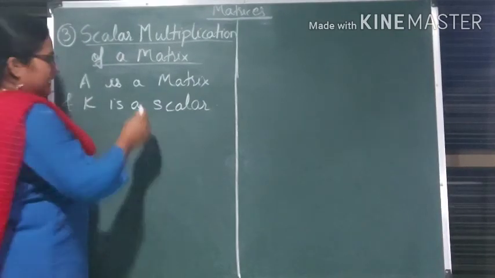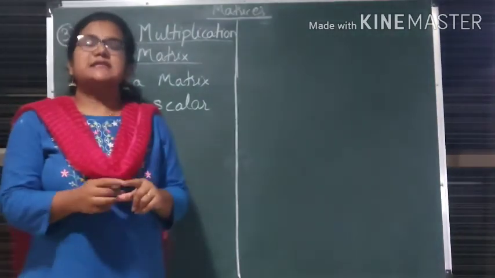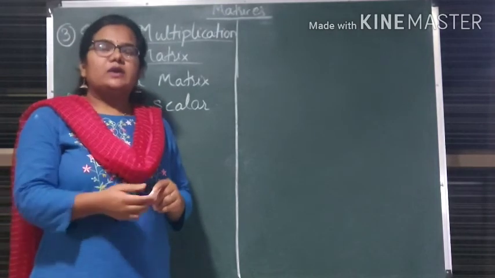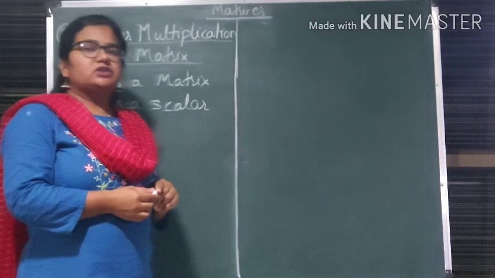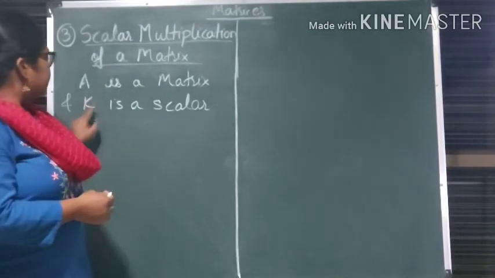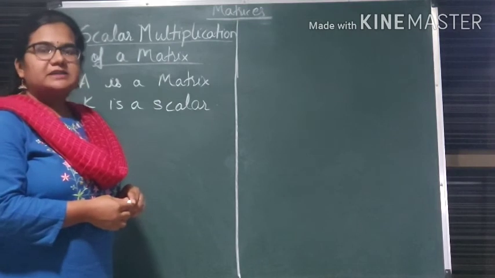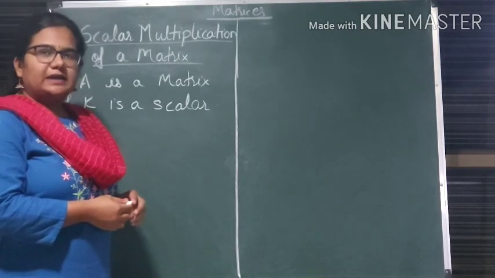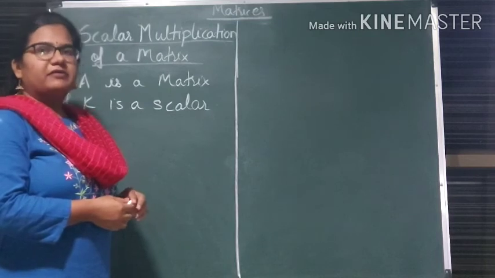When you multiply the scalar K to each element of matrix A, then the value you get is called a scalar multiplication of matrix A. That is, this scalar K you will multiply to each element of matrix A, and the new matrix you get is called the scalar multiple of matrix A.